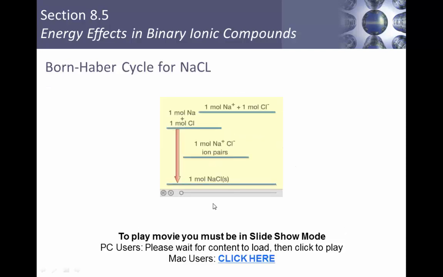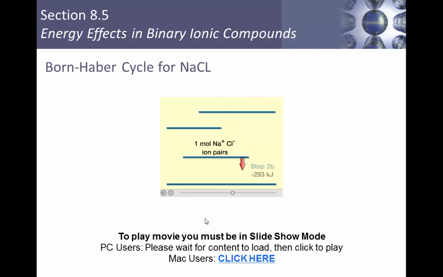compounds. This Born-Haber cycle helps us to understand the energy changes involved in the formation of solid sodium chloride from sodium and chlorine atoms. The first step is the transfer of an electron from a sodium atom to a chlorine atom, and it is energetically unfavorable, requiring 147 kilojoules of energy. However, 493 kilojoules are released when the ions are brought near each other to form an ion pair.